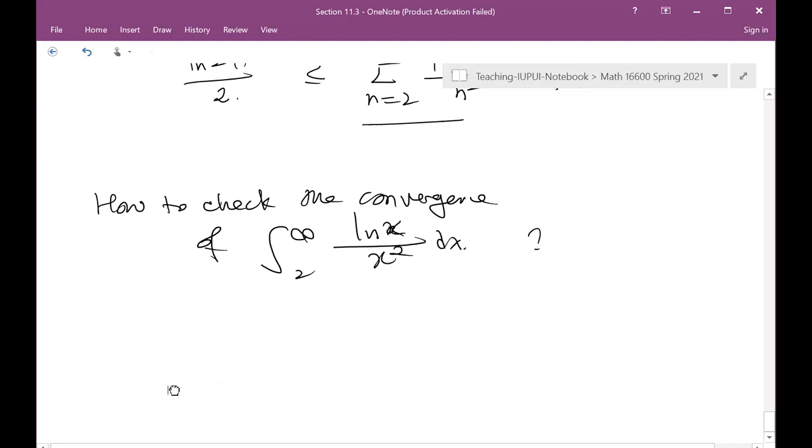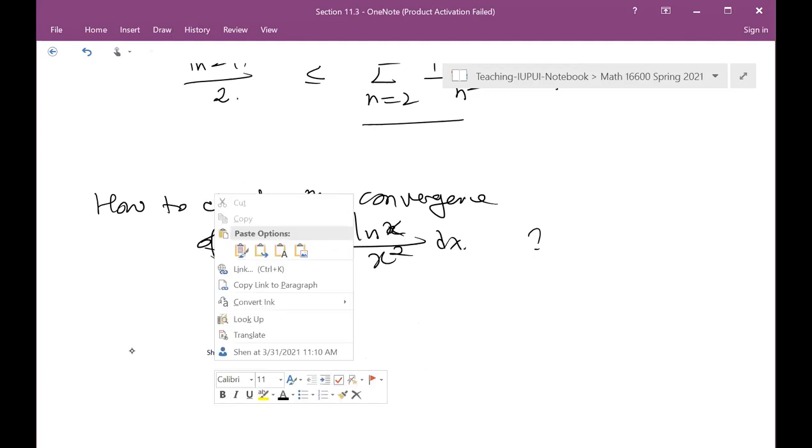Well, to do this one, you can use a comparison test. You have to figure it out for what value the convergence holds.